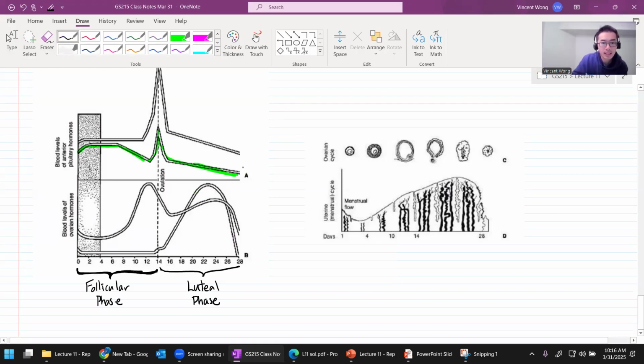All right, so this is the FSH, follicle stimulating hormone. And at the beginning there's a little bit of an increase here, and what's really important to realize is, with the FSH increasing, don't worry about the dip here, it's not too important. With the increase of FSH, the follicle is going to be developing. This is development of follicle.